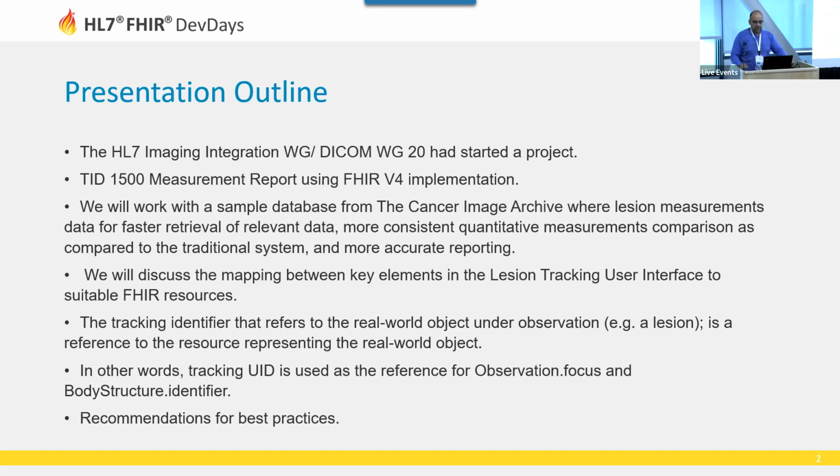So as I said, we will talk about the R4 implementation, but in the mapping website and GitHub and the build, you will see that we also work on resources that require R5.